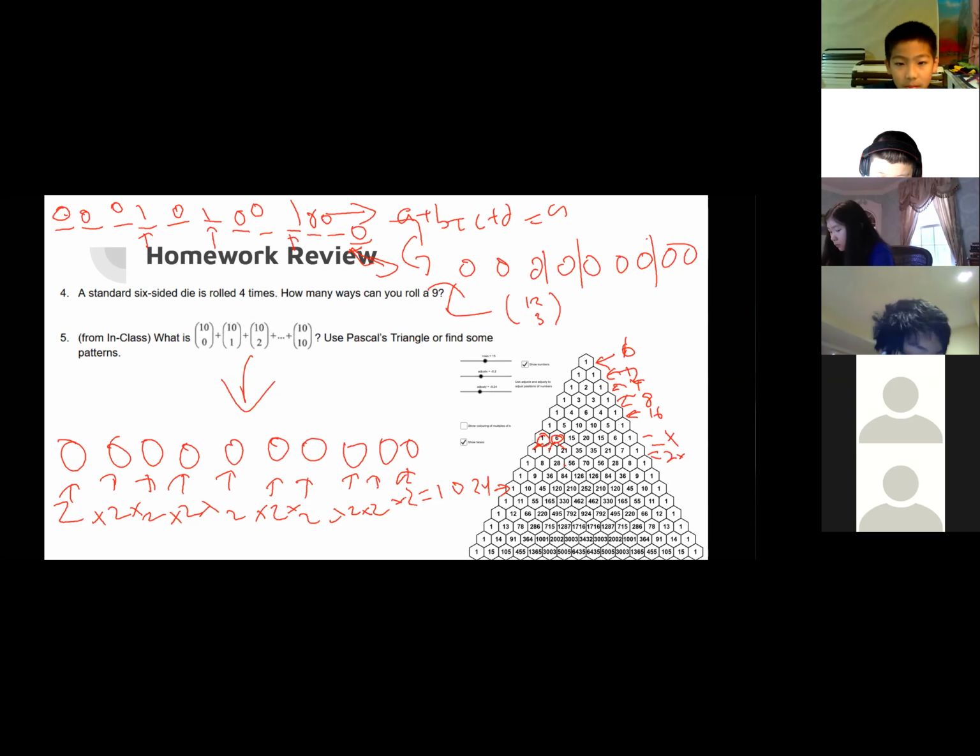Does anyone still have any questions about anything in counting? Could you please show anything you went over in this homework?